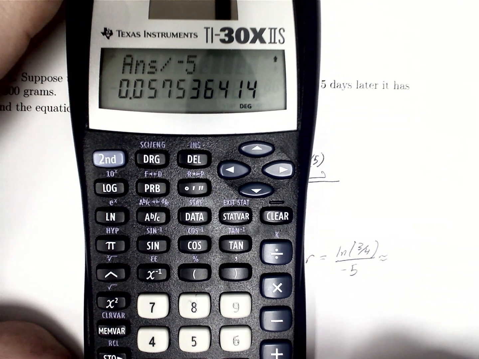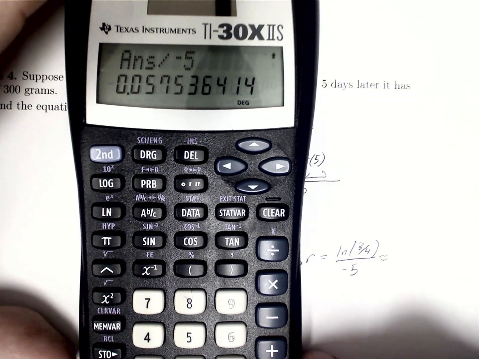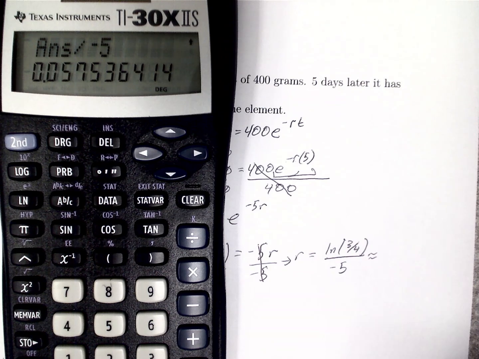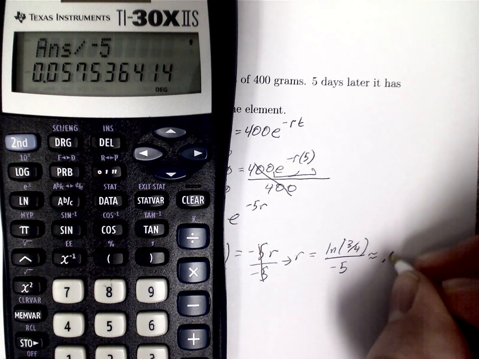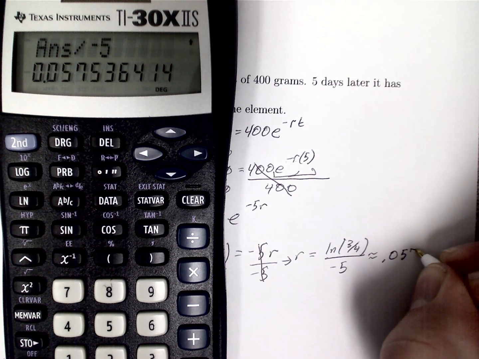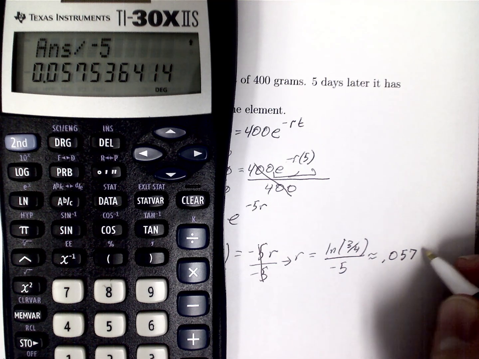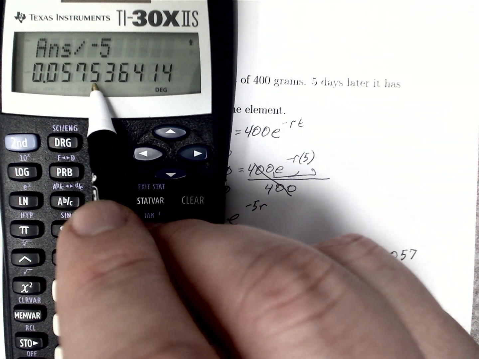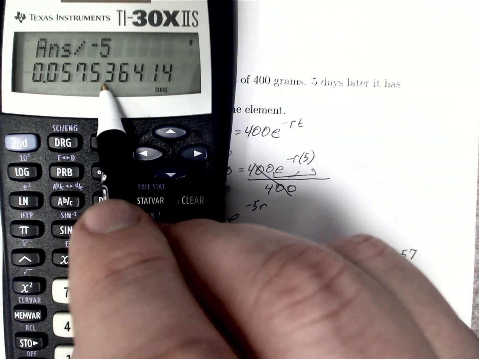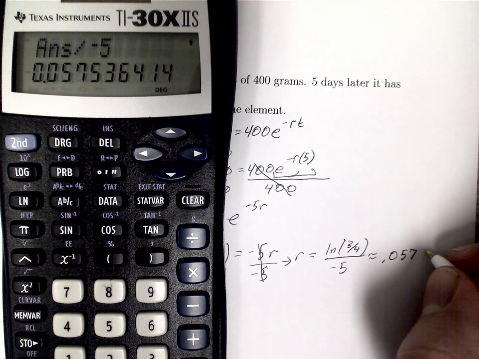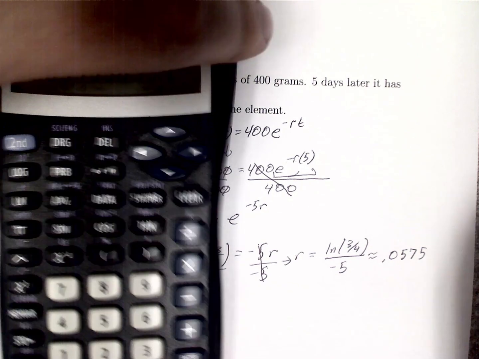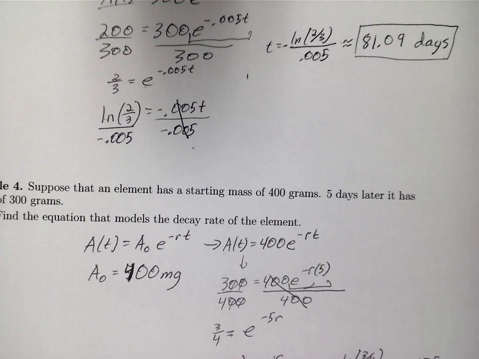And we could put parentheses there if we wanted to. But that gives us about 0.0575. We want to round to 4 decimal places. The fifth digit is a 3, so we're going to round down. So we're just going to have 0.0575 for our r.